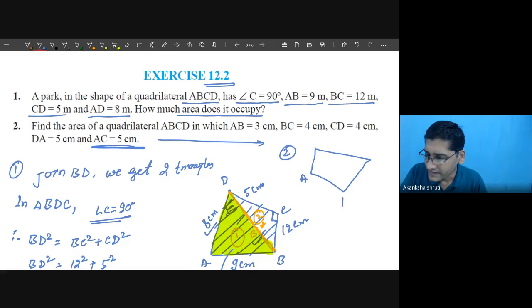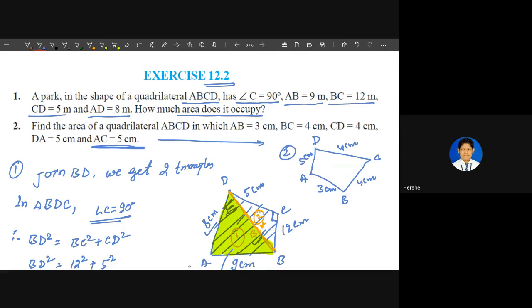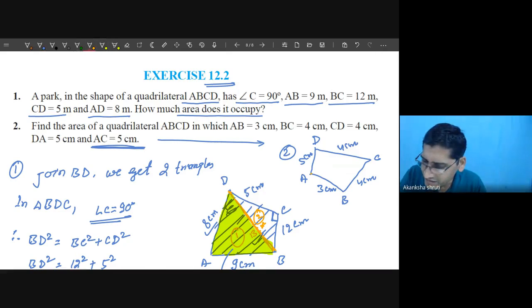You may write like A, B, C and D. In this case, AB is our 3 centimeter, BC is 4 centimeter, CD is also 4 centimeter, and DA is our 5 centimeter. Though it appears of longer and shorter length, don't worry about that. AC is our 5 centimeters. Good. The AC length is already given here, student.